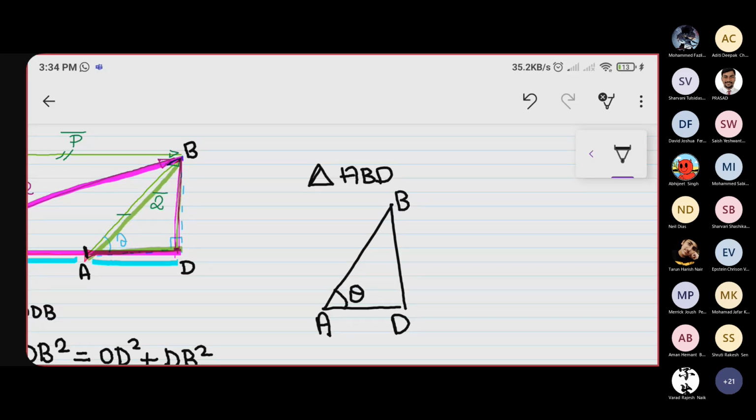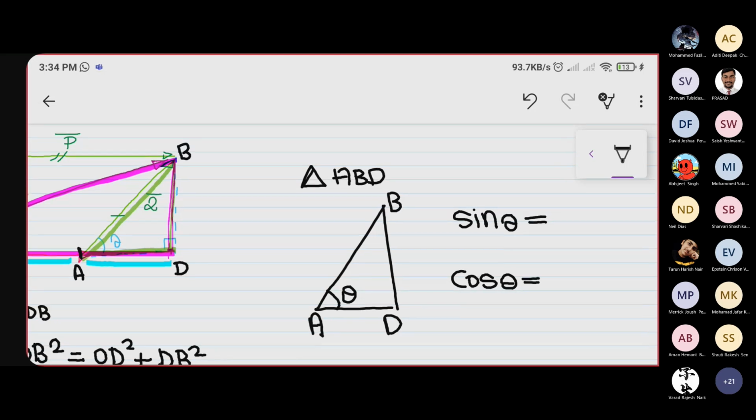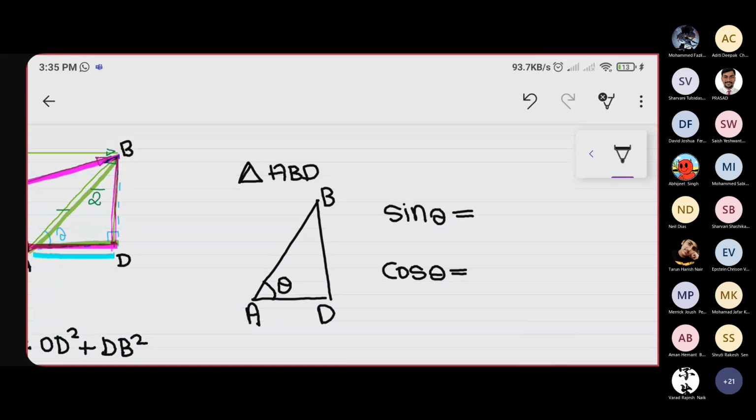Then what is sine theta? And what is cos theta? Sine theta is equal to the front side divided by the hypotenuse, so BD divided by AB.